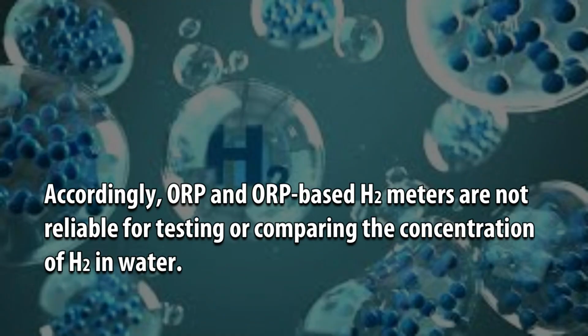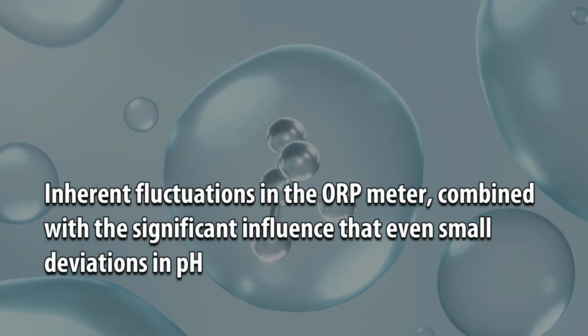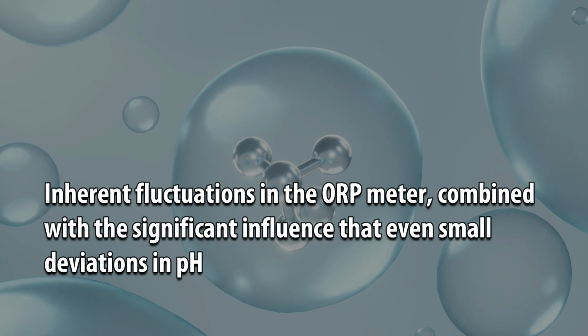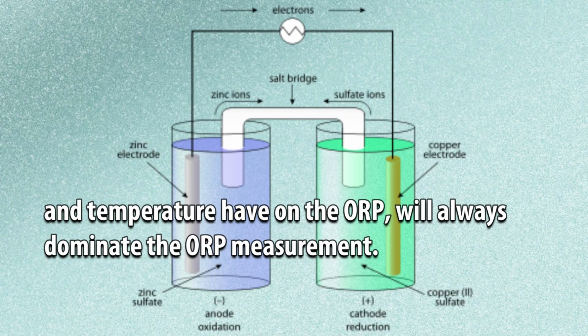Accordingly, ORP and ORP-based H2 meters are not reliable for testing or comparing the concentration of H2 in water. Inherent fluctuations in the ORP meter, combined with the significant influence that even small deviations in pH and temperature have on the ORP, will always dominate the ORP measurement.